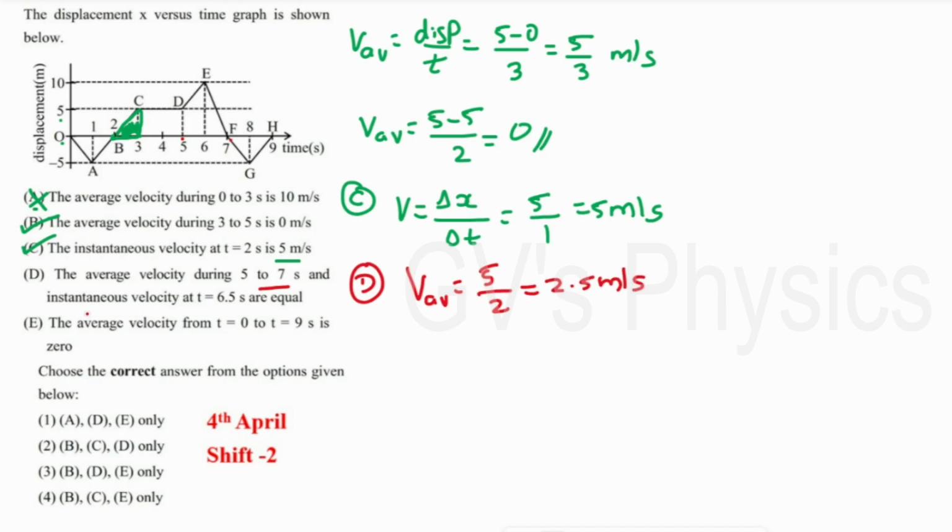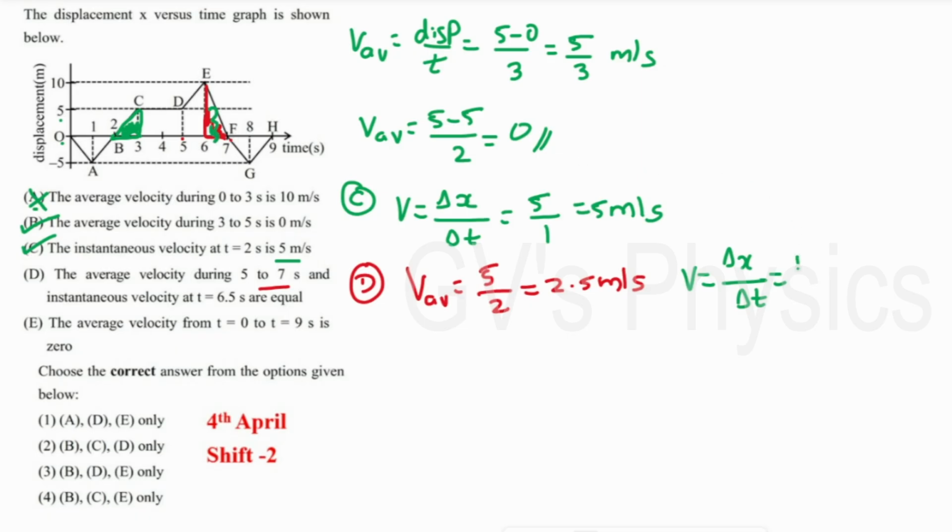Fine. So next one, we have to find instantaneous velocity at time t equal to 6.5 second. So 6.5 second means here. So here I am going to take a slope. V is equal to change in x by change in time. You can see the y-axis, 10 to 0.